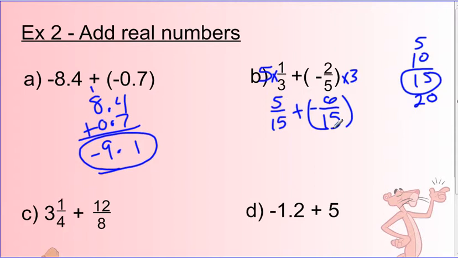And now we have 2 fractions with the same denominator. We can do the math. So my signs are different, so you subtract. 6 minus 5 is 1. Keep the sign of the bigger number. Negative. There's more negatives than positives.